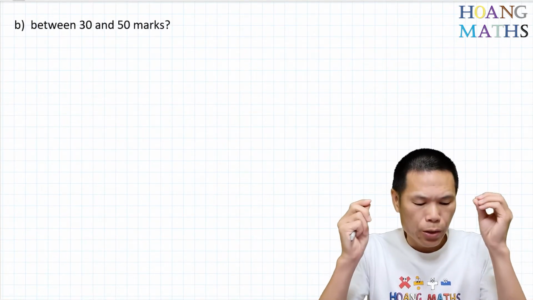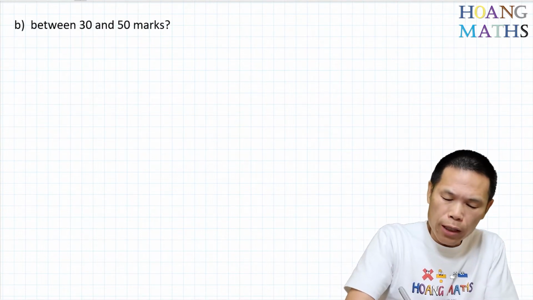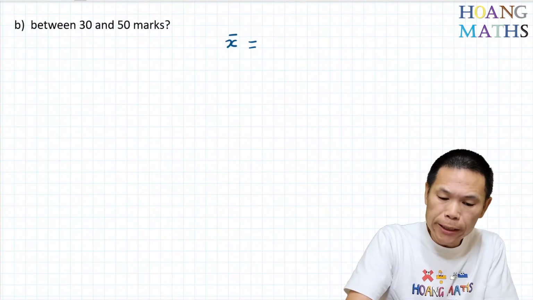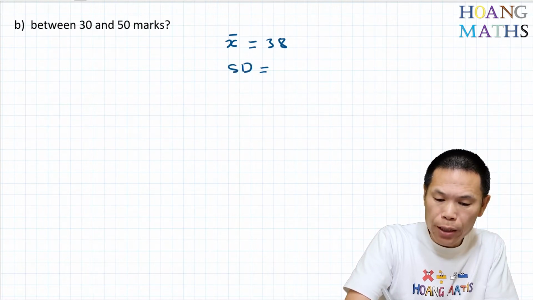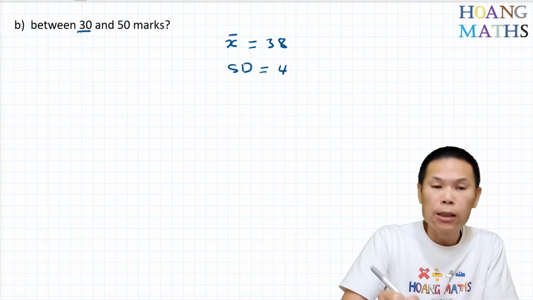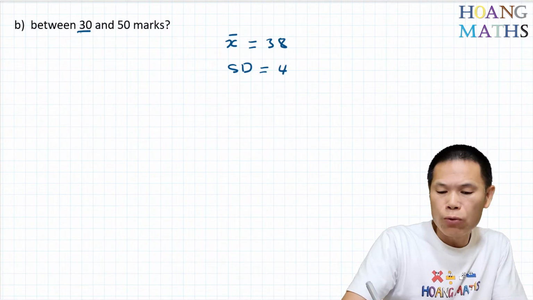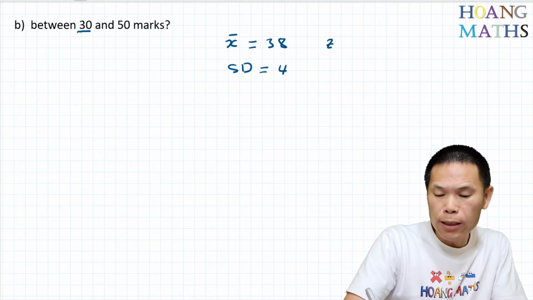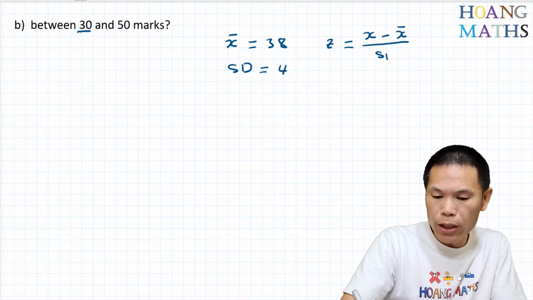Part B. So between 30 and 50 marks. So we know that the mean is 38 and the standard deviation is 4. And we need to convert 30 marks and 50 marks into z-score. So let me just write the rule out. So z-score is equal to the score minus the mean over the standard deviation.